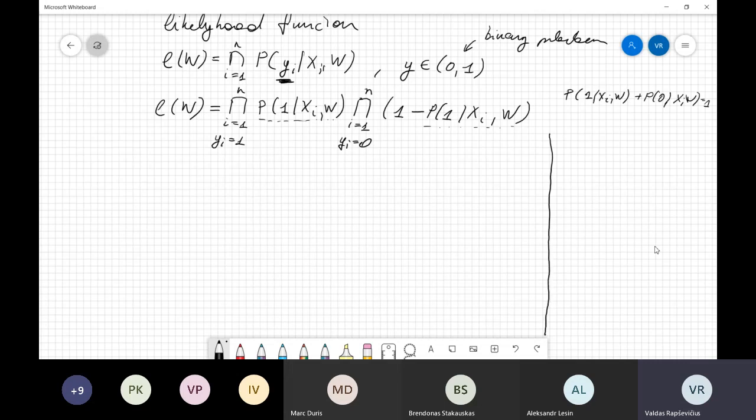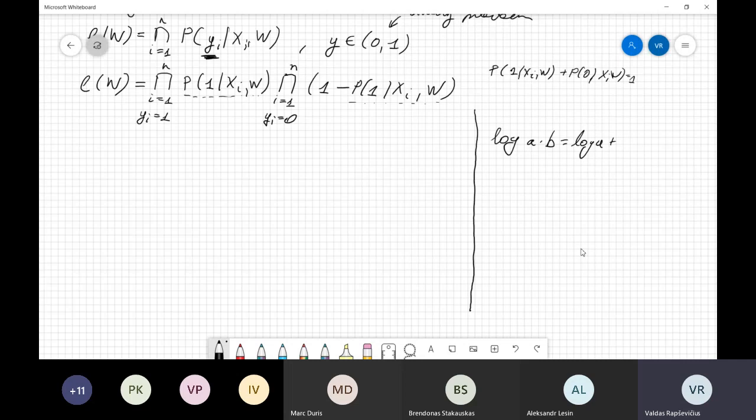Here I'm drawing a line, and on this side I will write various rules that will be used along the way. One is the logarithm of a product: the logarithm of a times b equals logarithm a plus logarithm b.